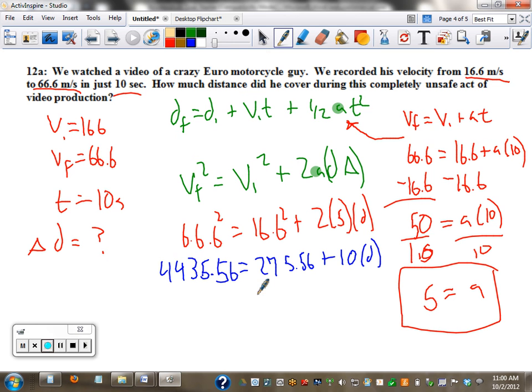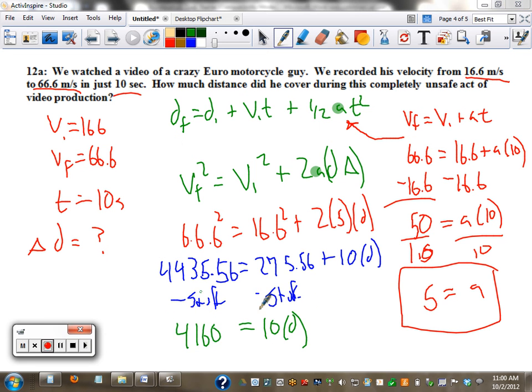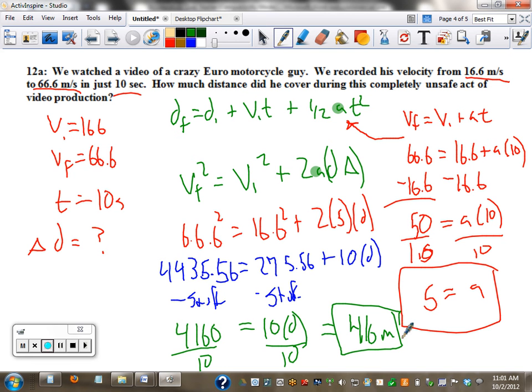Combine those two, minus this stuff over here, and now we have, pause, so this works out to 4160 equals 10 times distance. Divide by 10, equals 416 meters. Don't forget your units. Last one.